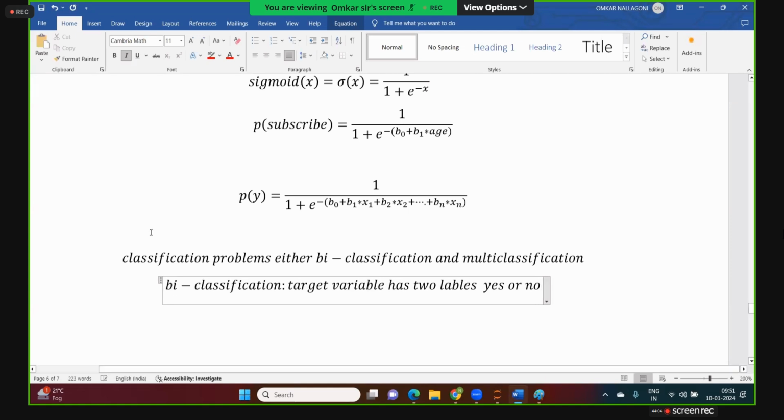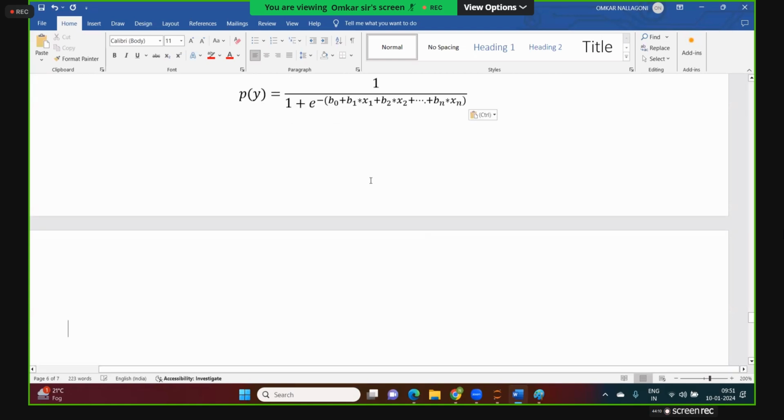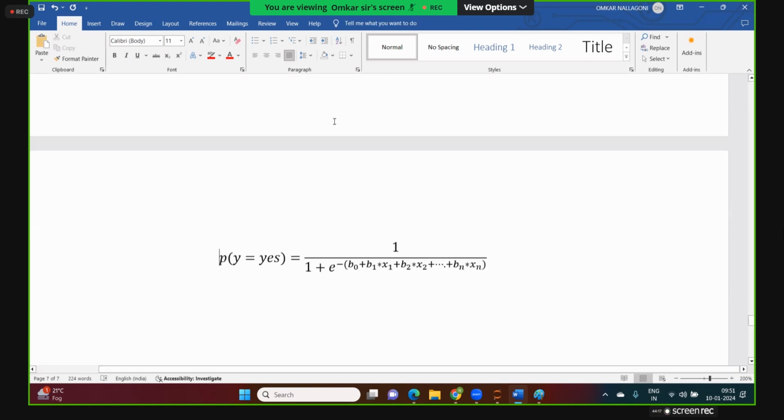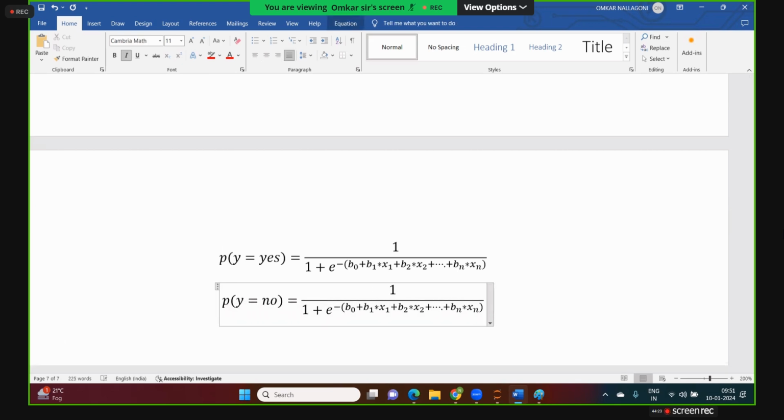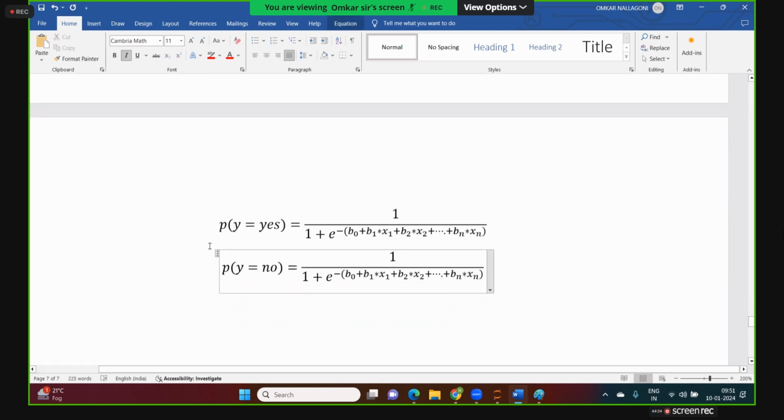So the probability also you will get like this. Probability of y is equal to yes is one case, and probability of y equal to no is the other case. Now you will compare P of y equal to yes and P of y equal to no, and you will get the final output.